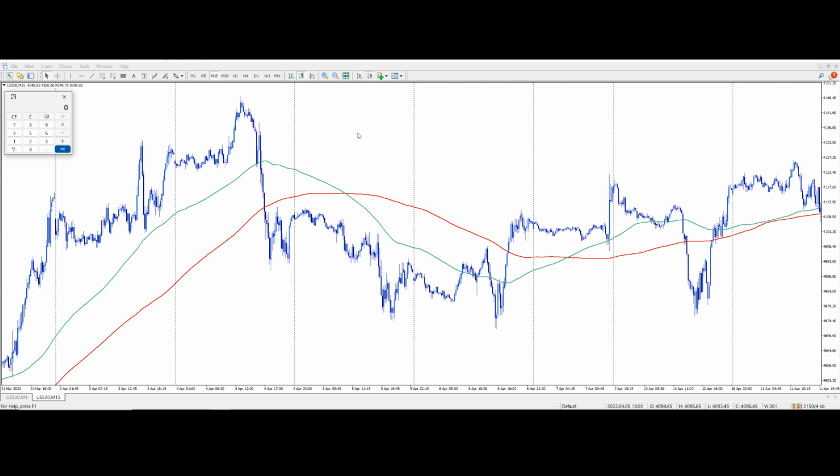This is a 200 moving average in red and the 100 moving average in green. So this is how you usually see it, and once price goes below the 200 moving averages, first the 100 and then the 200, we are bearish, confirmed.